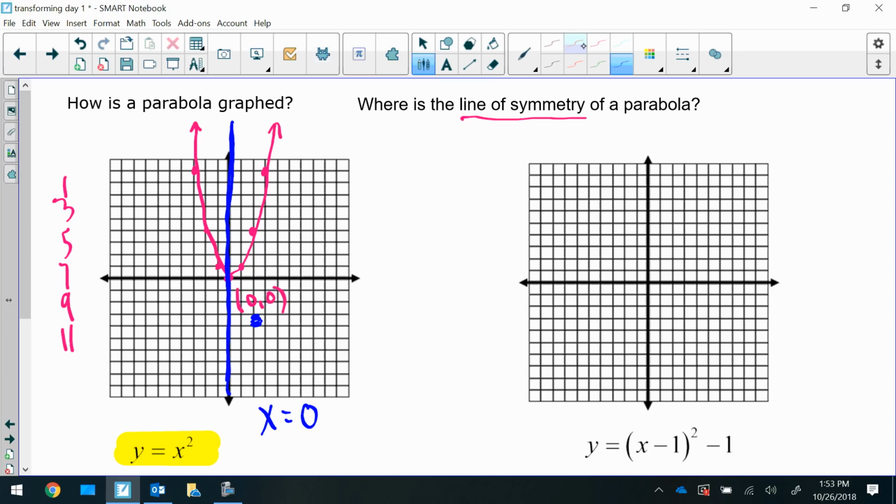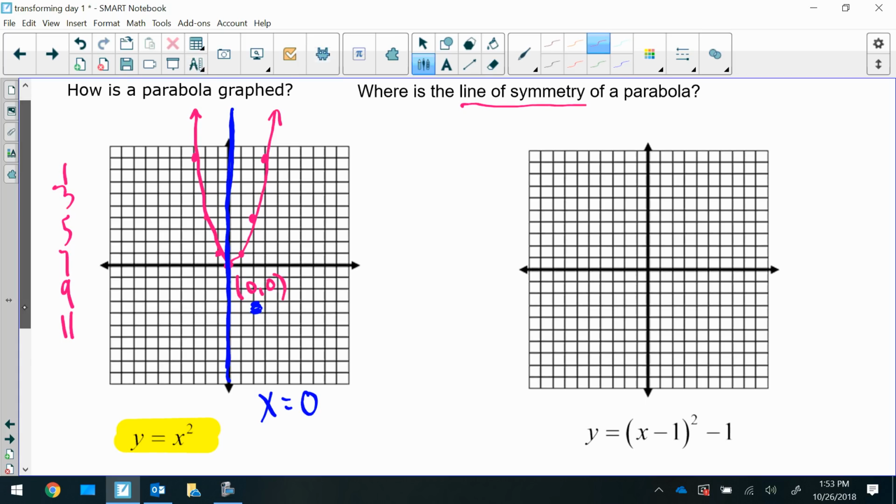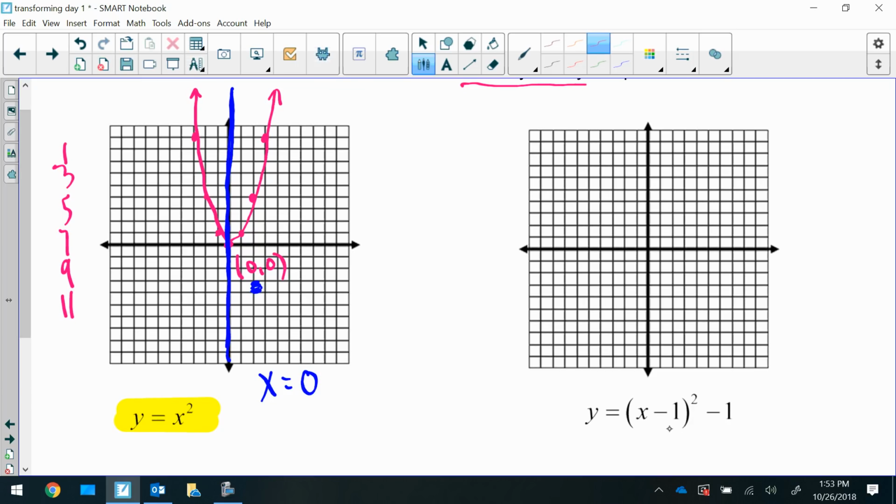So the question is, how do we move this, and how does this change when I start to shift things around? So if you look at this next one, I have a little bit of a shift. If you look at this last end, I'm going to go down 1. And if I have x minus 1 in here, I'm going to go to the right 1.